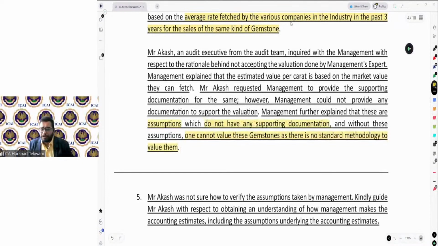Whether they are significant, whether they are minimal, whether they are that relevant to the accounting estimates or not. Another example is whether assumptions are the input or assumptions are the model. We need to understand there is a difference between assumptions used as an input and assumptions used as a model.